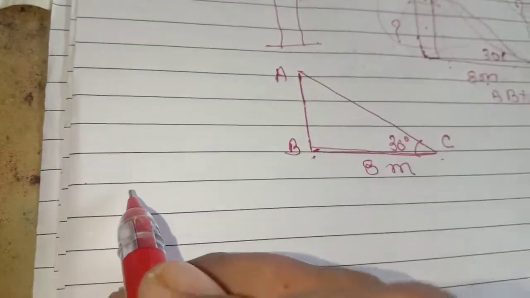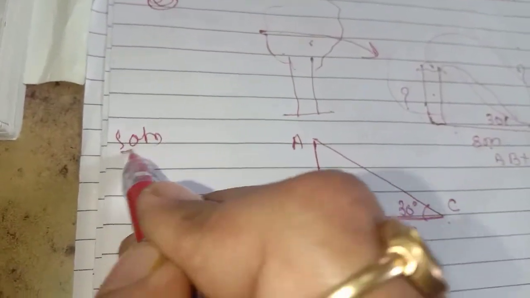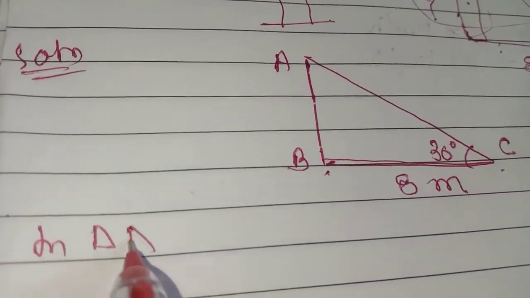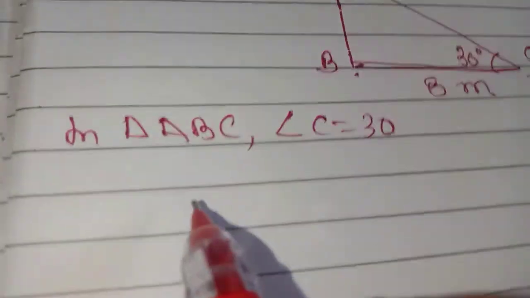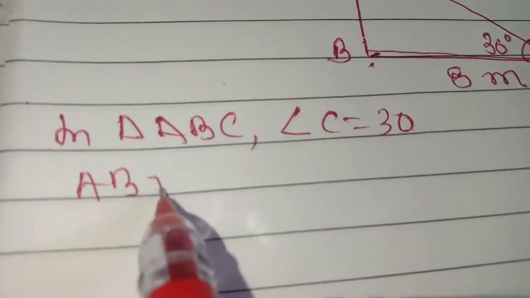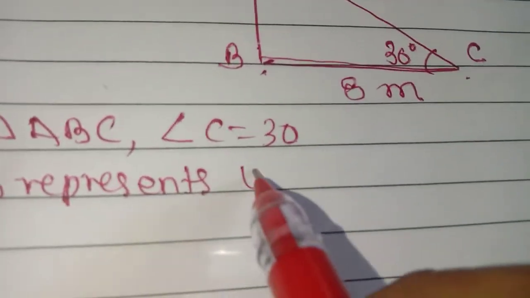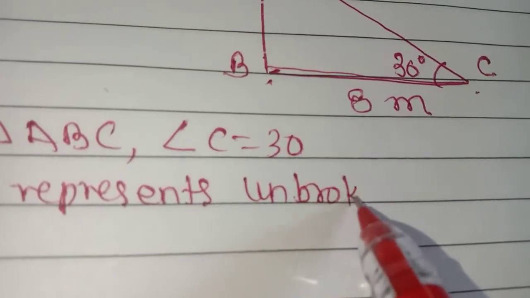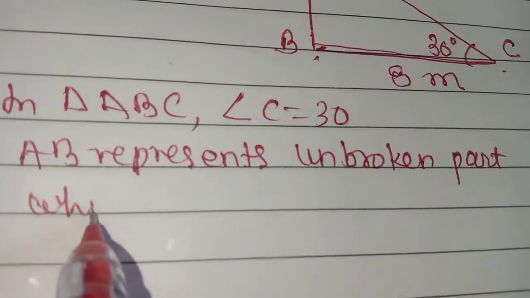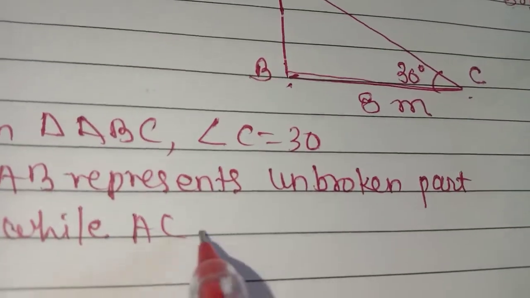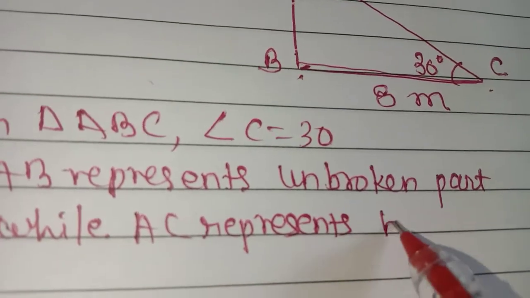So now in triangle ABC, solution. In triangle ABC, angle C is 30. Right here AB represents the unbroken part, while AC represents the broken part.